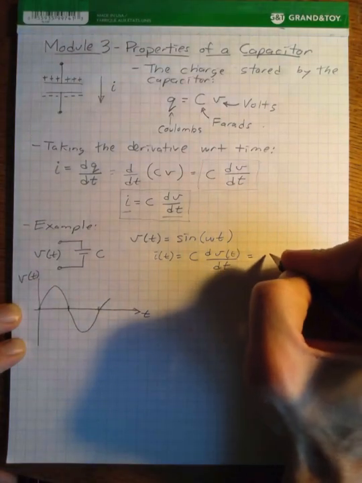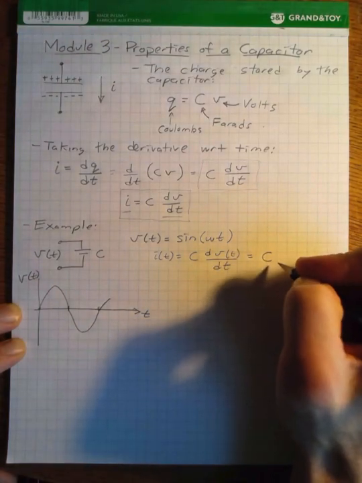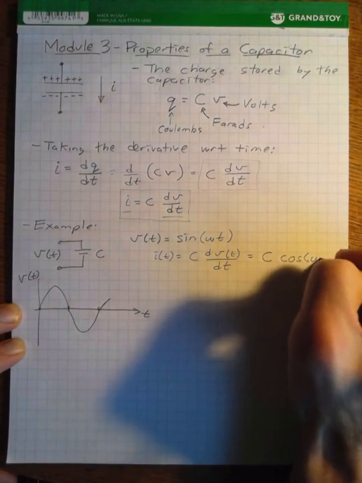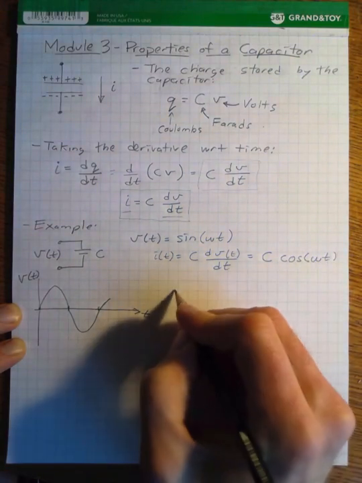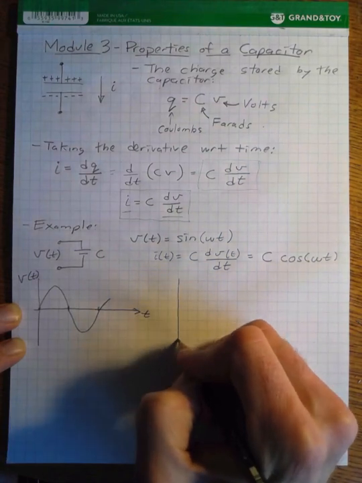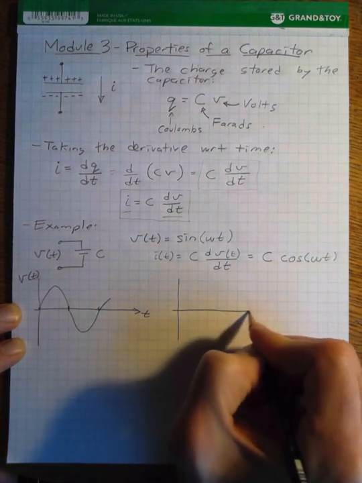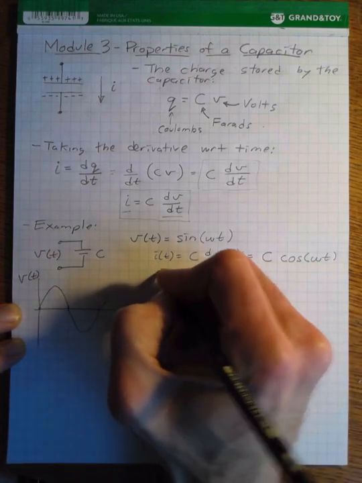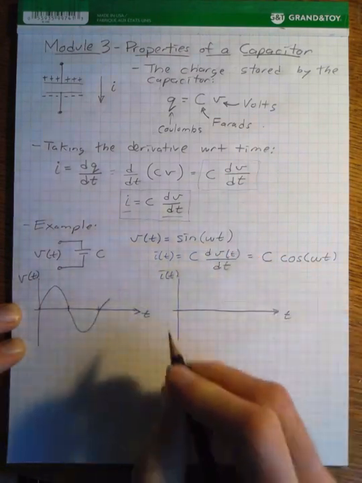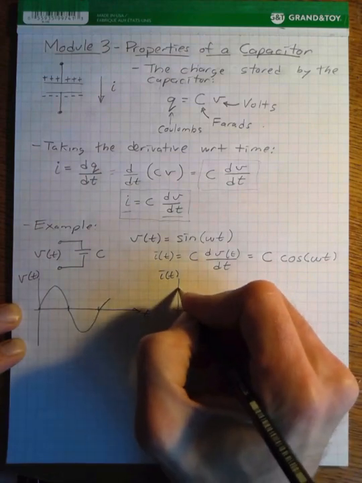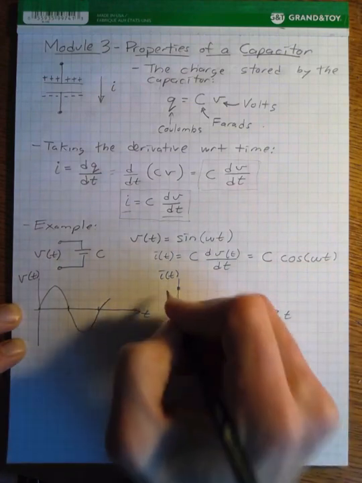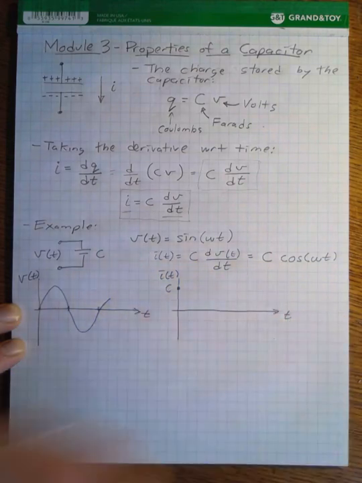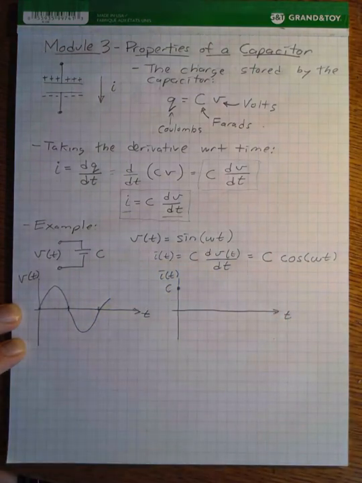So our current is equal to the capacitance multiplied by cosine omega t. If we were to draw this as a function of time, at time 0 we have 1 times our capacitance. So that's the value at time 0.